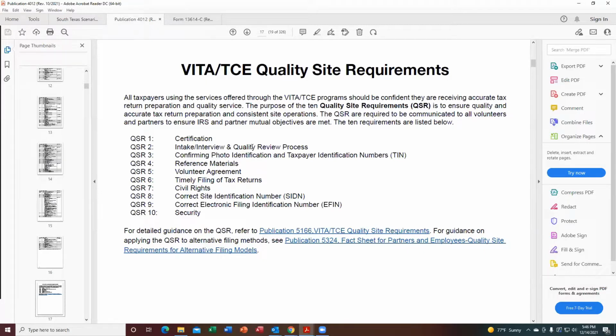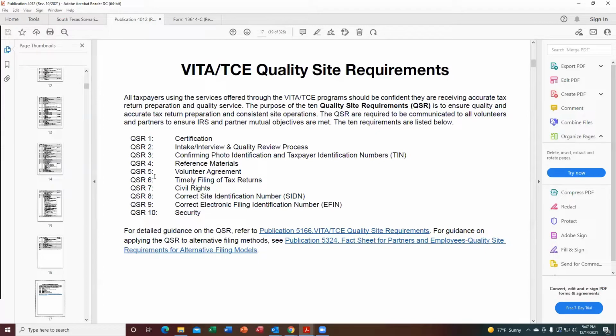That becomes very important. Confirming photo identifications and taxpayer identification numbers, reference materials, like I mentioned, your 4012. When you become certified, we need to have a copy of the volunteer agreement, of course, electronically signed by volunteers. Then the timeliness of filing tax returns, the civil rights, the correct site identification number, correct EFIN, and security.